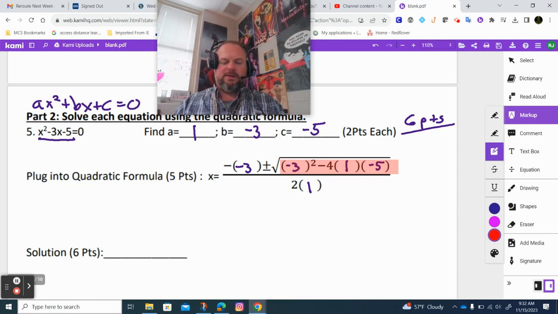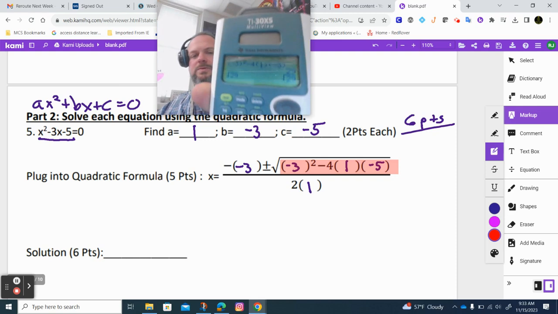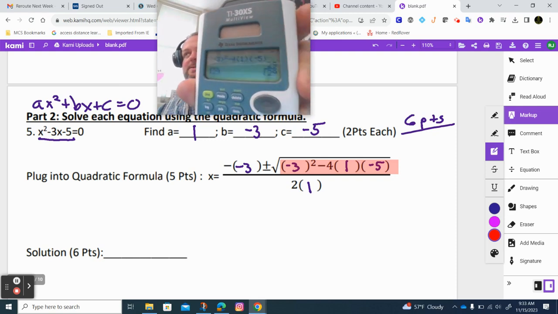Now, before we go any further, let's double check to see if 29 has a square root. Make sure that -3 is in parentheses. That matters. The square root of 29 is just the square root of 29.